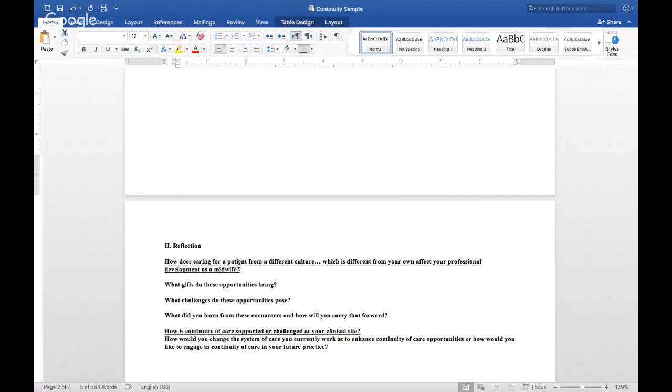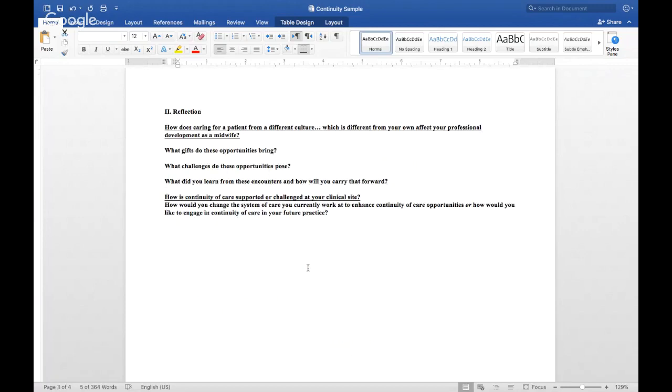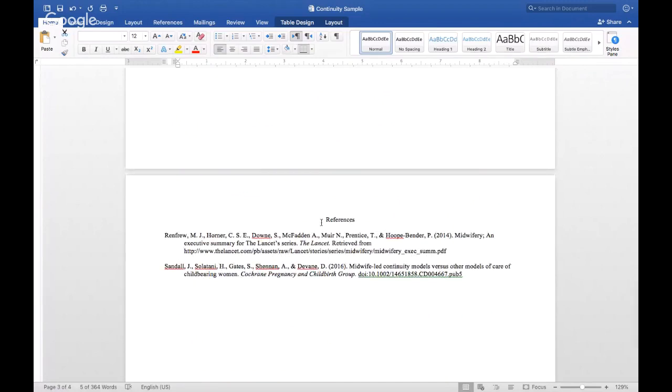I did not have any parenthetical references in my reflection, just a personal reflection on culture and continuity of care. And then for my final page, I have my reference list. I included the reference that they provided as required reading. I thought that would be appropriate. I also included a reference about something that I read about continuity of care, but neither of these references I had used in my actual assignment.